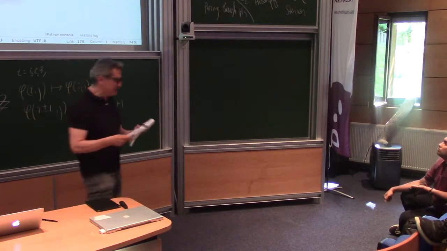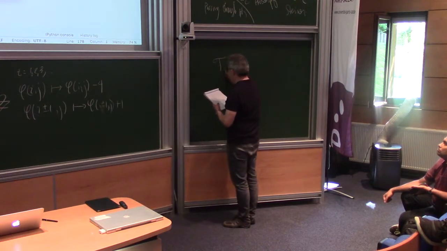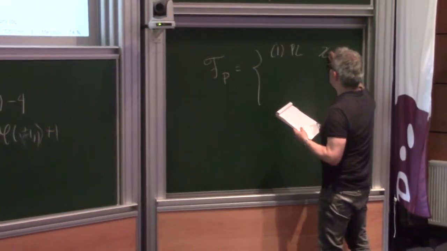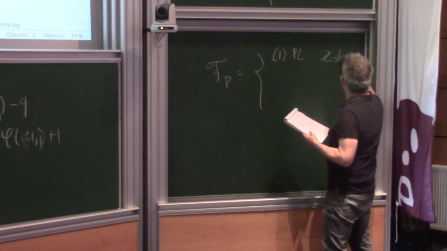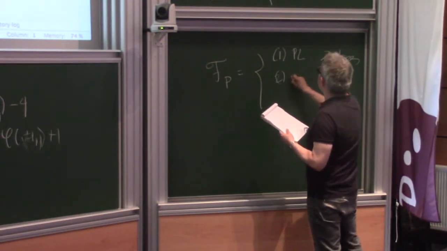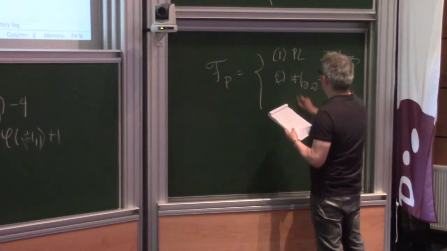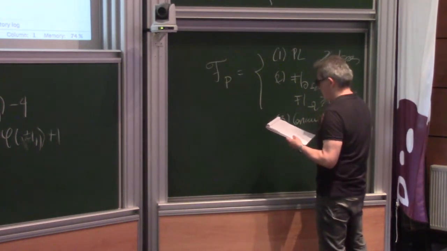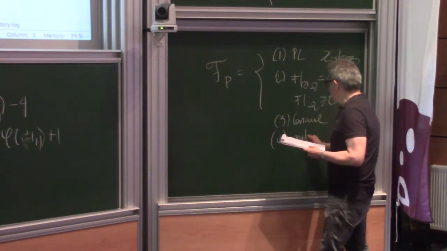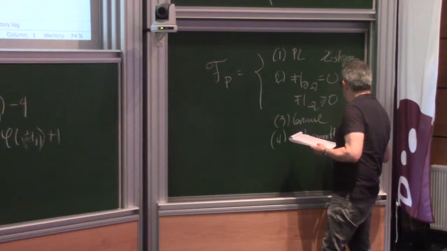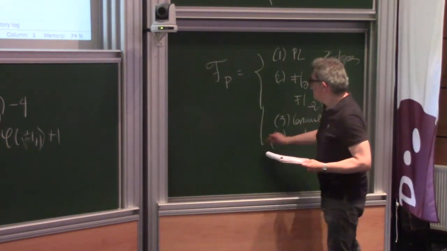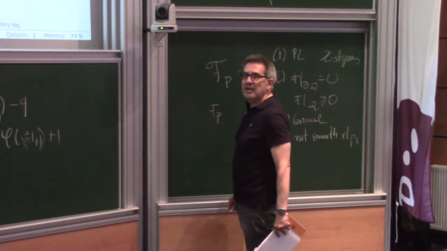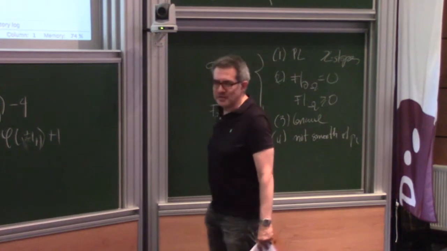The point is to consider the family of piecewise linear functions with rational slopes, such that f is bigger than or equal to 0, concave, and not smooth at the points P, the blue points.